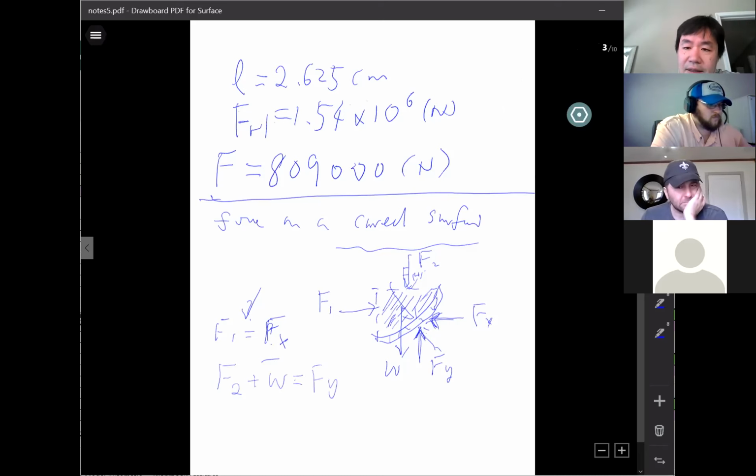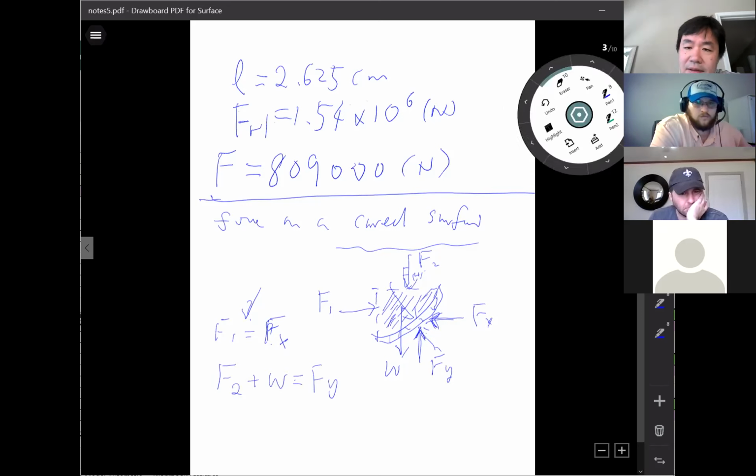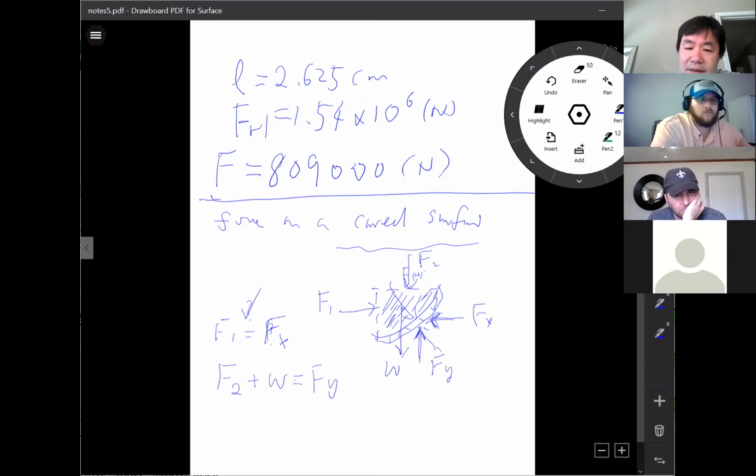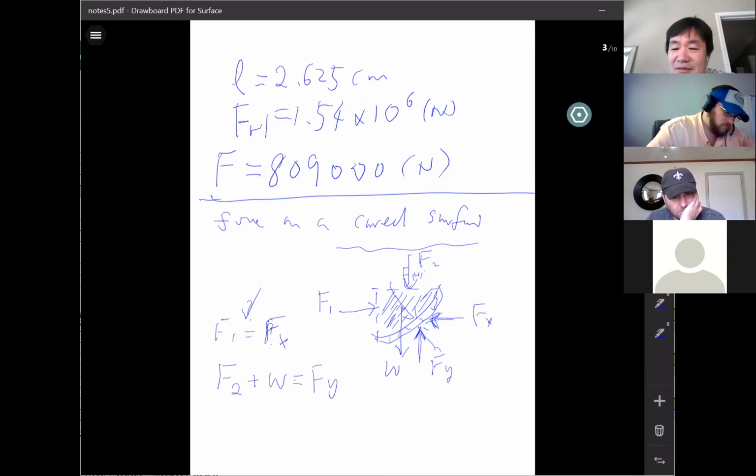Is that right? Everybody? So although it's not directly equal, there's still a relation here without integration. No integration. So can you find F2?